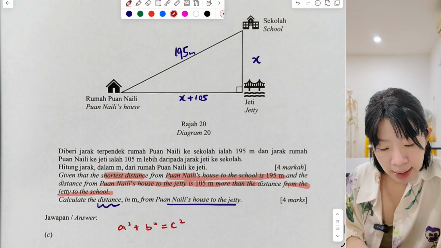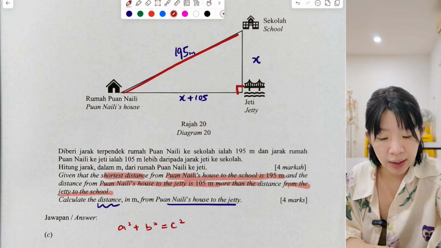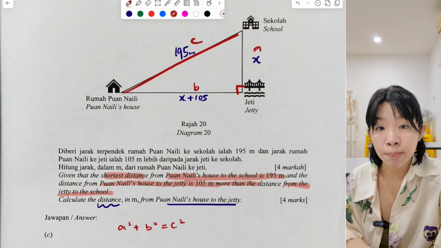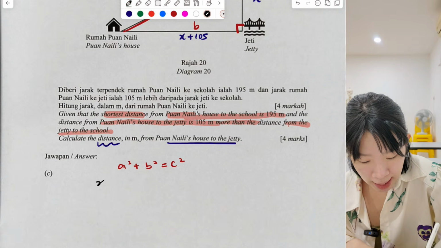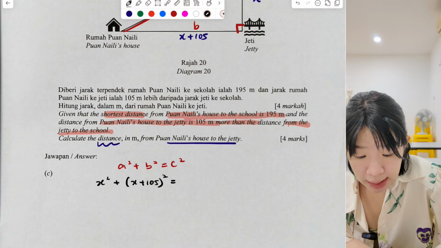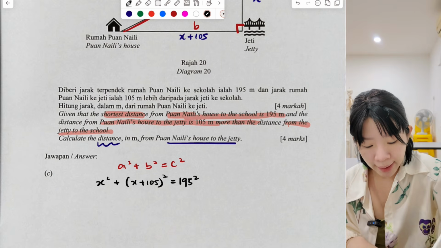Where is the longest? You see 90 degree. Opposite of 90 degree is the longest, so here will be c. Then a and b can be either one. So let's say this one a, then this one b. Sub accordingly. So a is x squared, plus b is x plus 105 bracket square, c is 195 square. Now we need to expand this bracket.